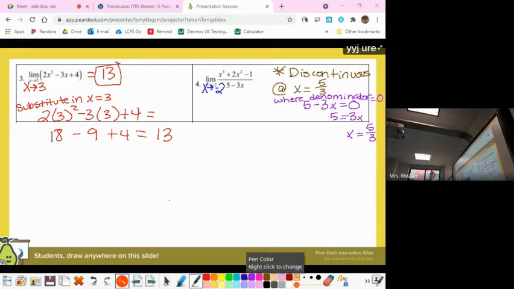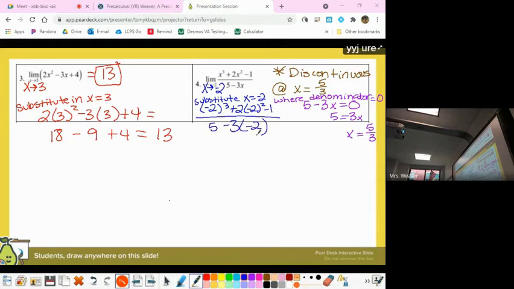So I'm going to substitute in -2. That's going to give me -2 cubed plus 2 times -2 squared minus 1 over 5 minus 3 times -2.